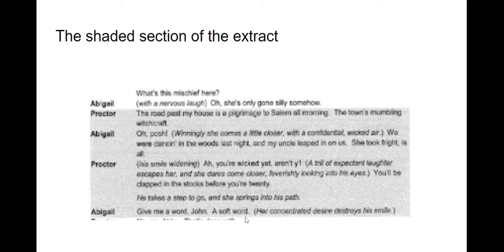So it's just a few lines. It's not a very big shaded section, but your examples have got to be focused in on this. So obviously in the exam, get out your highlighter and make sure you're highlighting the examples that you're going to choose to write about. It's quite a good idea to have a couple of colours so that you can do it for both question 3 and question 4 in different colours.